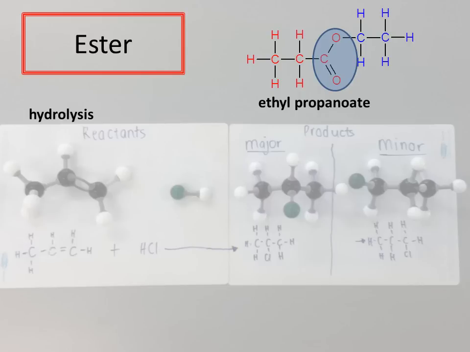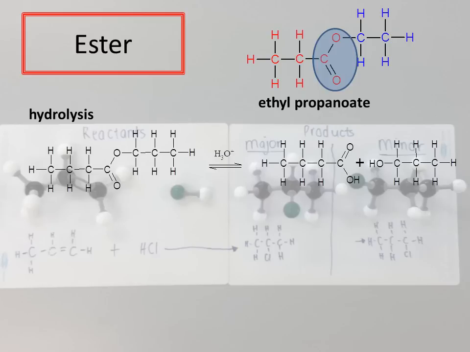Now esters undergo what we call hydrolysis reactions, so we can break them apart by adding a dilute acid. Okay, so this is what the H2O plus represents here. So we add the dilute acid to our ester, and we produce a carboxylic acid and an alcohol.